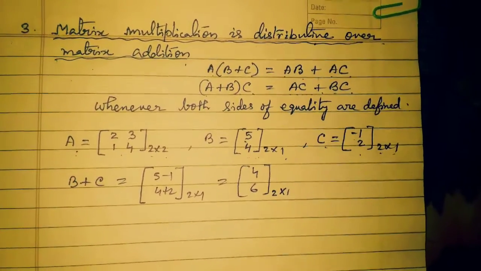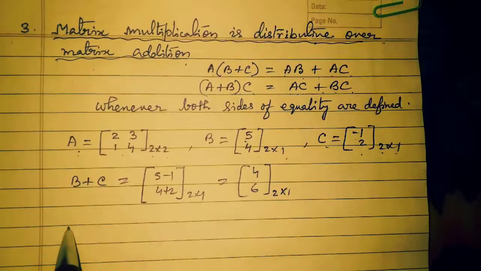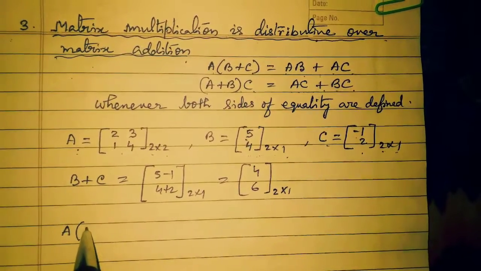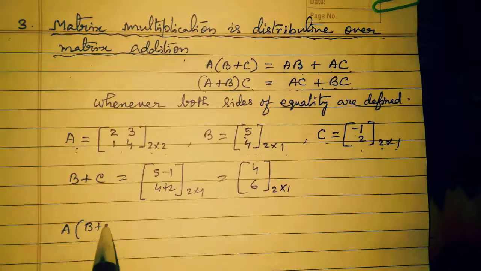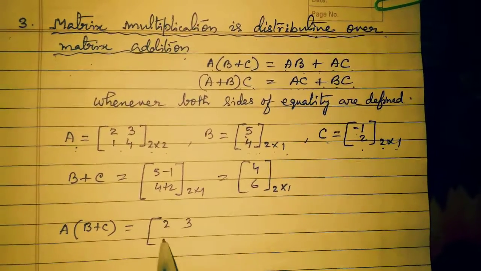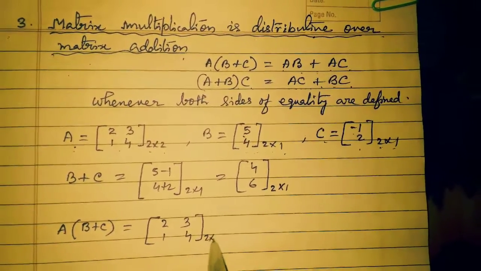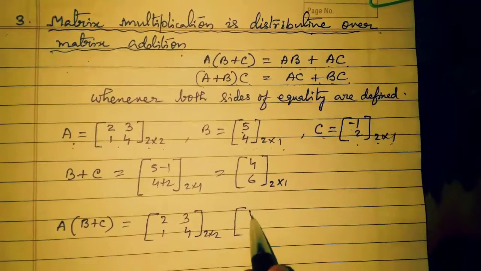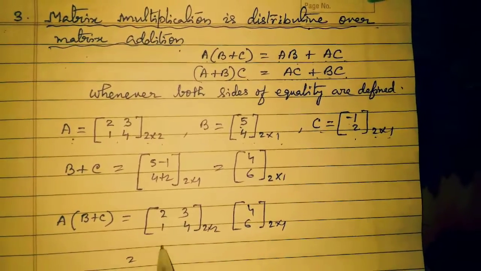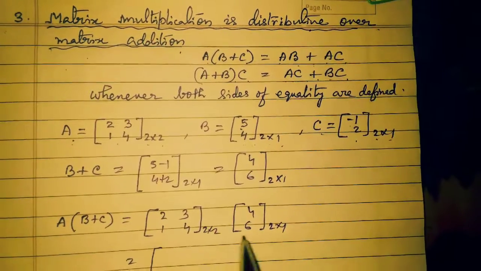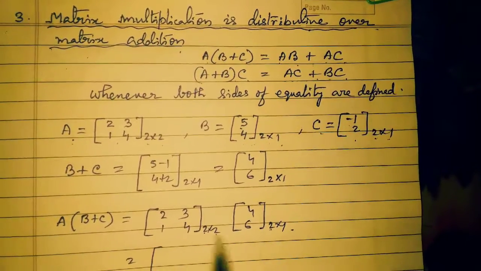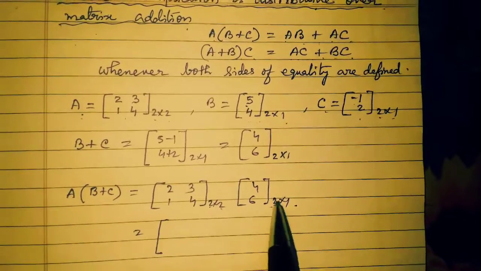Clear, students? Now we'll multiply A with this resultant B plus C. A is 2, 3, 1, 4, which is a 2 into 2 matrix, and this resultant is 4 and 6, a 2 into 1 matrix. If you multiply, the resultant matrix order will be 2 into 1, because these two are the same, so the multiplication is possible.